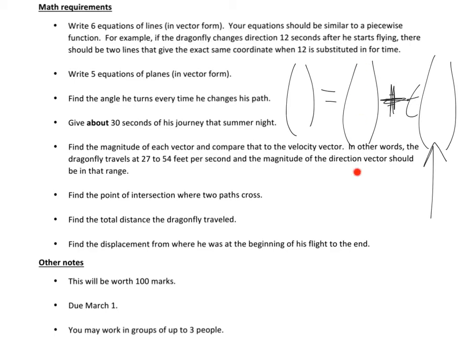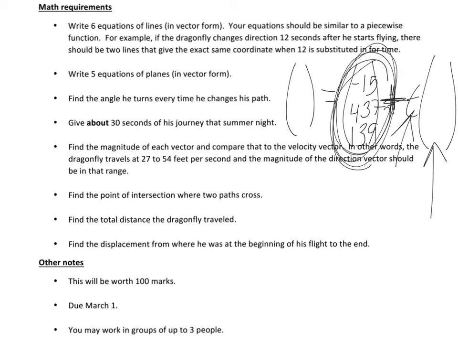Sometimes your x could be negative 15, and you could be at 437 and 139, I don't know. I don't really care about the magnitude of the position vector, because that's just telling you how to get to a spot on the line when t equals 0. So this part right here, the position vector, doesn't have a whole lot to do with what the dragonfly is actually doing.